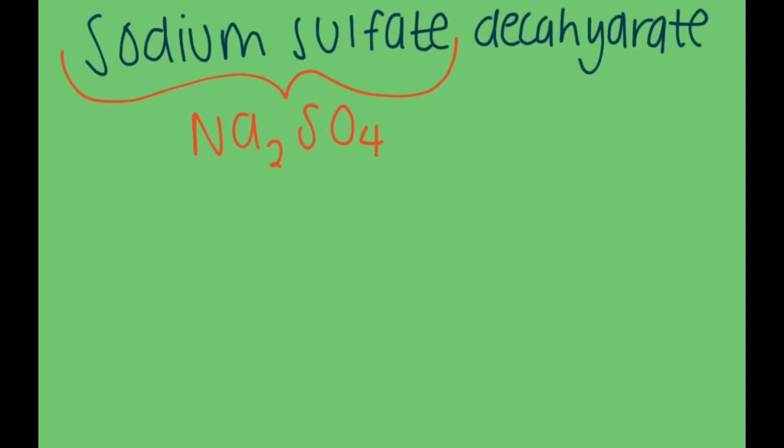This will be taken in consideration after the crisscross method we have learned. Now, for the prefixes, we have deca here, and as we previously learned, deca means 10. And hydrate is actually water. To join these two, we will use a dot in between of them.